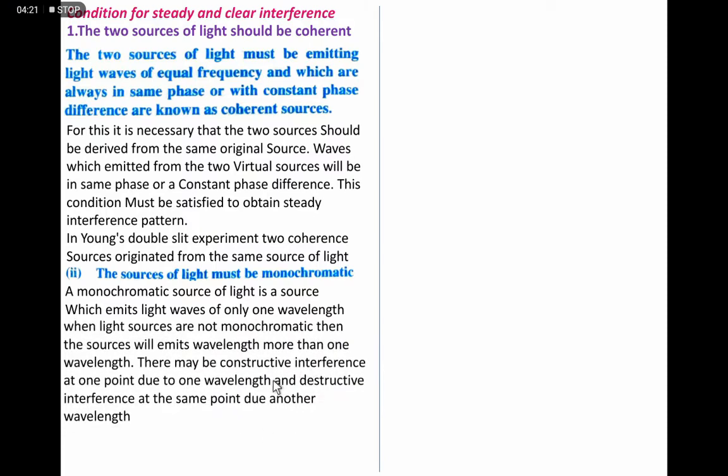When the light source is polychromatic, the source will emit more than one wavelength. Different waves with different wavelengths will be there. There may be constructive interference at one point due to one wavelength, and destructive interference at the same point due to another wavelength.